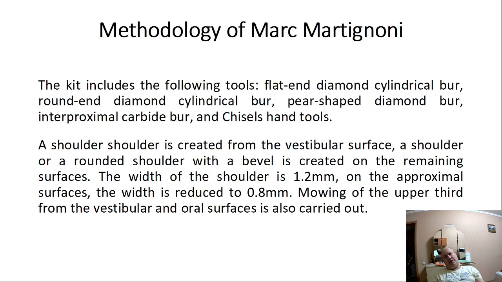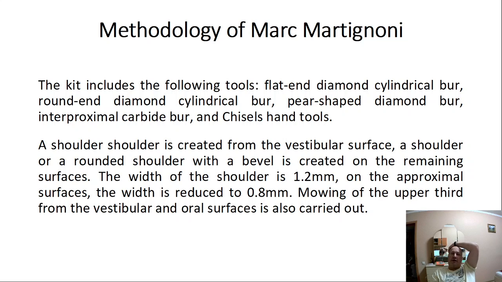A methodology of Mark Donny. The kit includes the following tools: flat end diamond cylindrical bur, round end diamond cylindrical bur, a pear-shaped diamond bur, interproximal carbide bur, and hand tools. A shoulder is created from the vestibular surface.